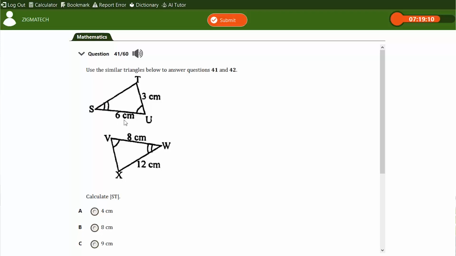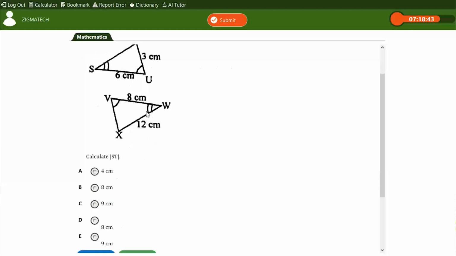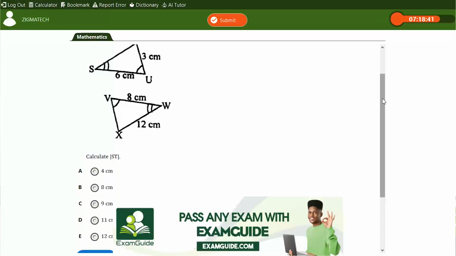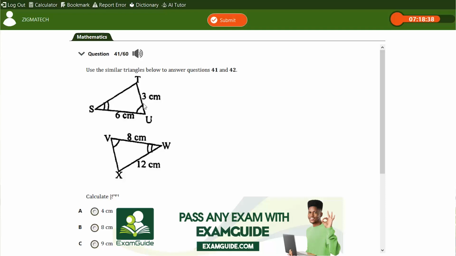So this 6 is in the same positioning with 8 cm, because the line touches the double arc and the single arc. You get the point? Just like the line for 6 cm here touches double arc and single arc. That is number one. If you look at 3 cm, it is only directed to the single arc. That is this TU, 3 cm, single arc.